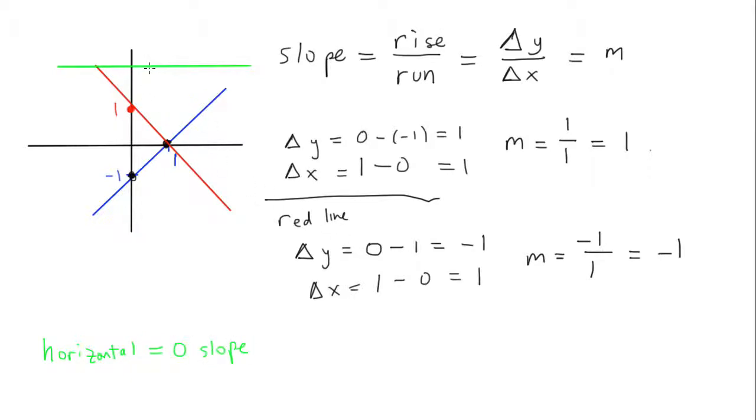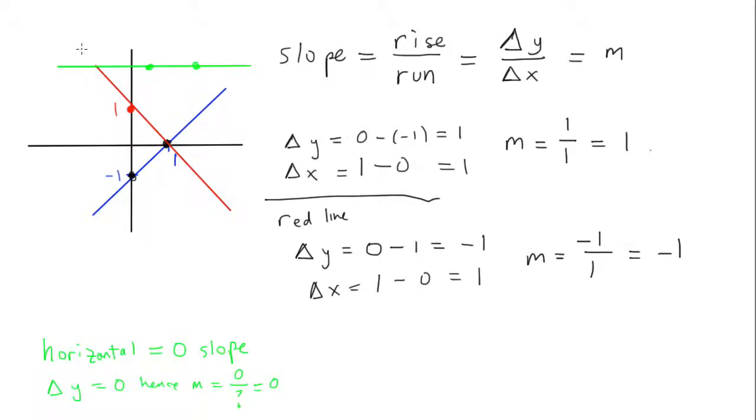And the reason for that is if I pick 2 points on it, they have the same y-coordinate, and so delta y would be 0, and hence m is 0 divided by something, and that's always going to be 0. Okay, so horizontal lines have 0 slope.